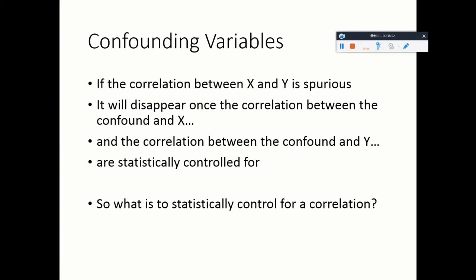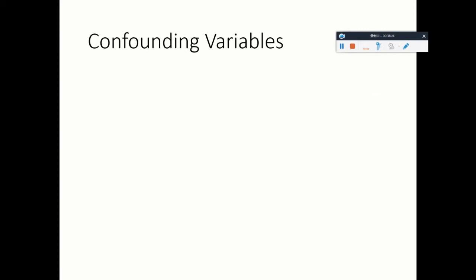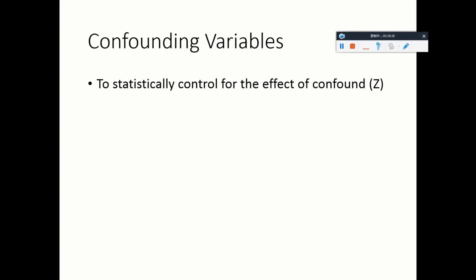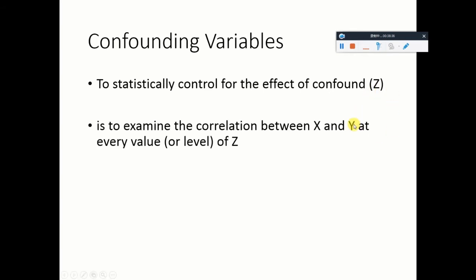Well, to statistically control for the effect of a confound variable z, it is to examine, I'll just read this verbatim, the correlation between the original two variables x and y at every value or every level of z.